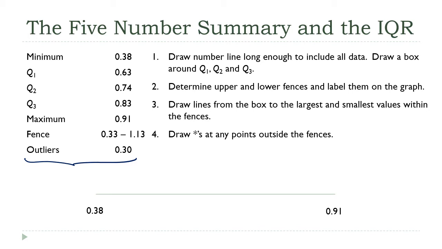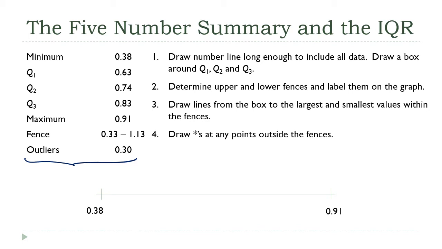And I've got to figure out where is Q1, where is 0.63? Well, it's in there somewhere. So what I like to do is put a mark here right about where 0.4 is. I'm going to put another mark up here where 0.9 is.